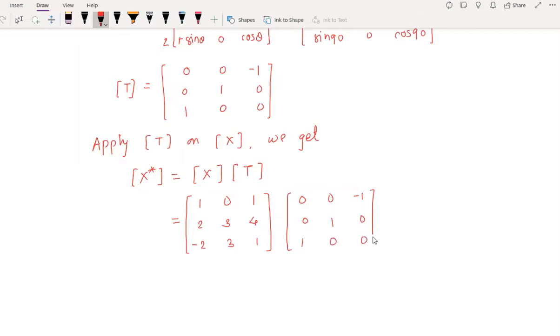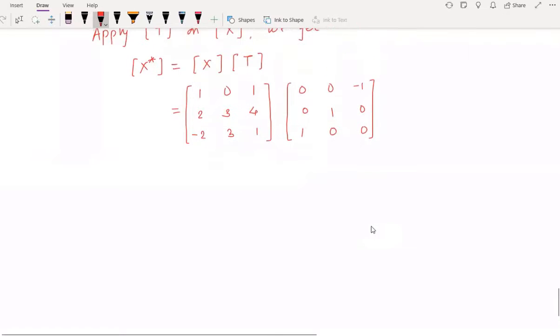So both are 3 by 3 matrices. Multiply these two matrices by the matrix multiplication method, or you can do it using the calculator, as I already explained. I'll do it here manually.